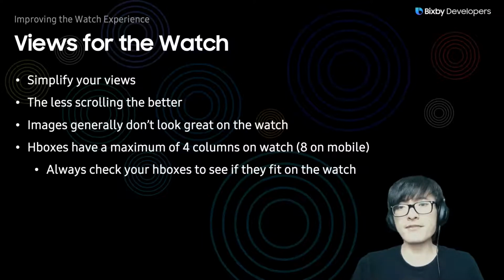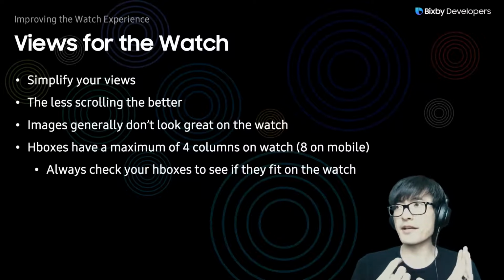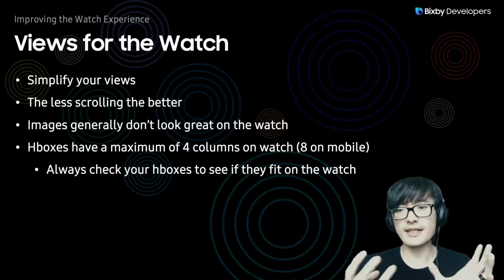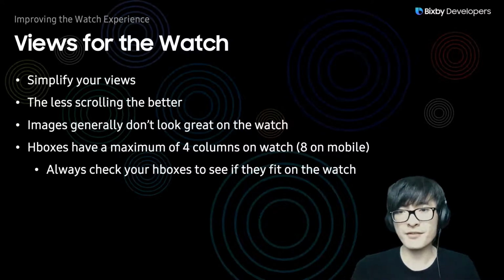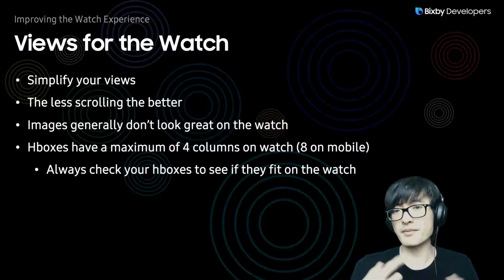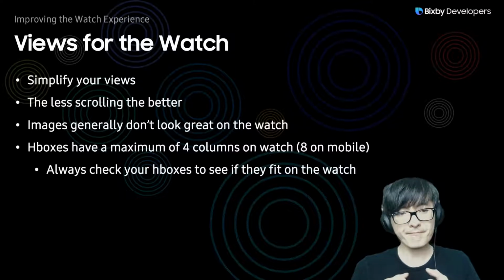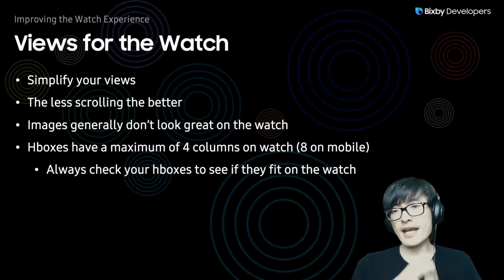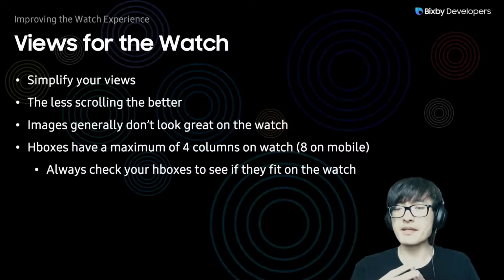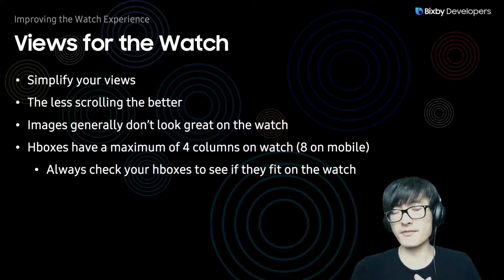capsule. Oftentimes as well, images may not look that great on the watch. You want to keep images smaller or less frequent on the watch, which also helps with the scrolling problem. And finally, H boxes on the watch have a maximum of 4 columns. Any more than that, and they're not going to show up. They're only going to show up the 4.